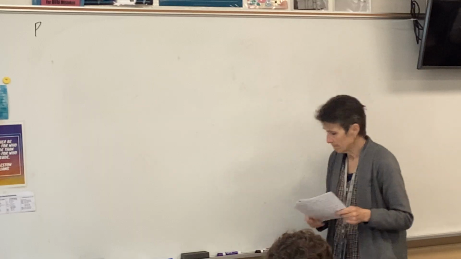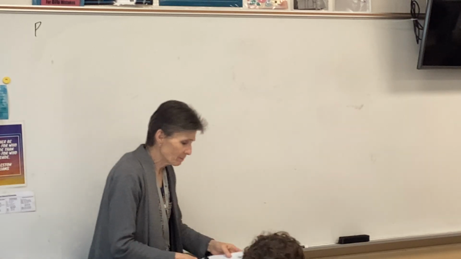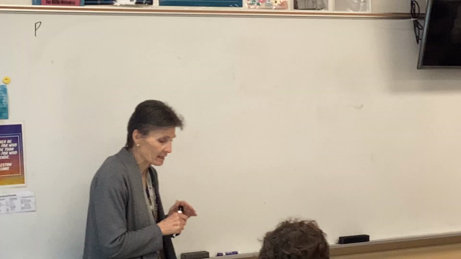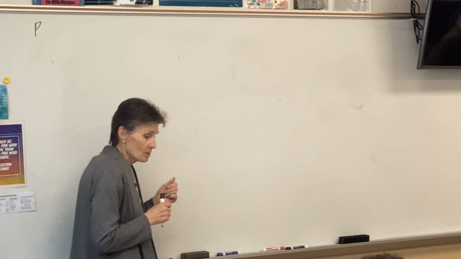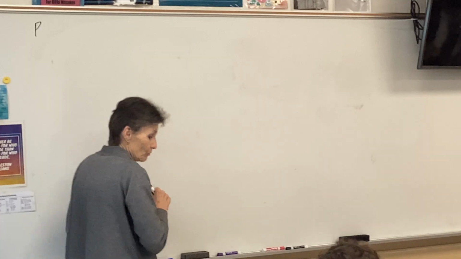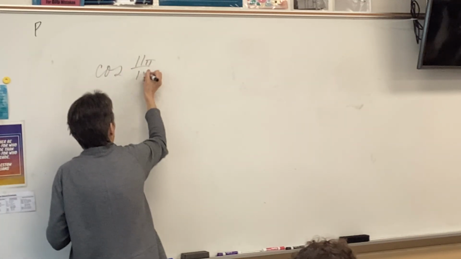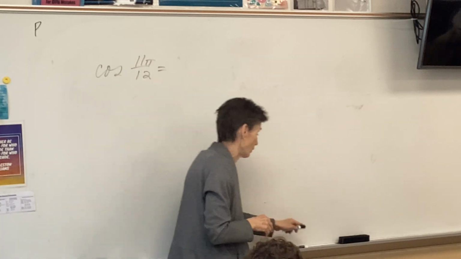All right, so we're looking at our 312 homework, and we're going to look at problem number 4. Problems 4, 5, and 6 are all basically the same kind of problem, so I'll just pick 4. It says find the cosine of 11 pi over 12. Now, I want you to think about your unit circle.